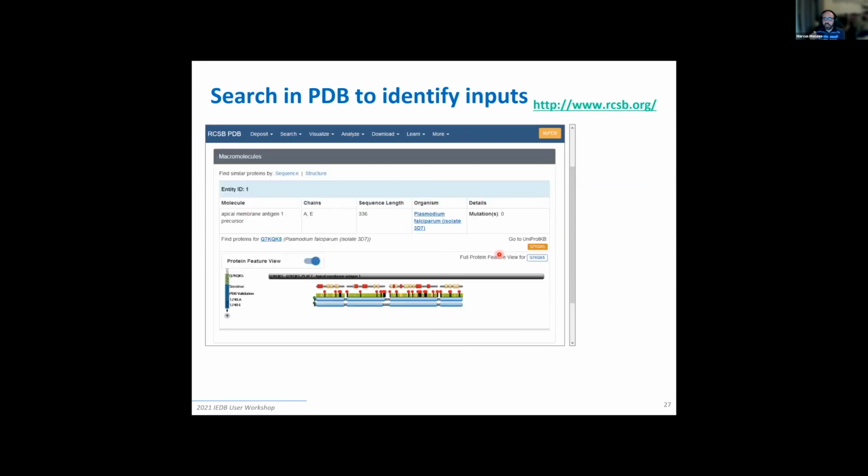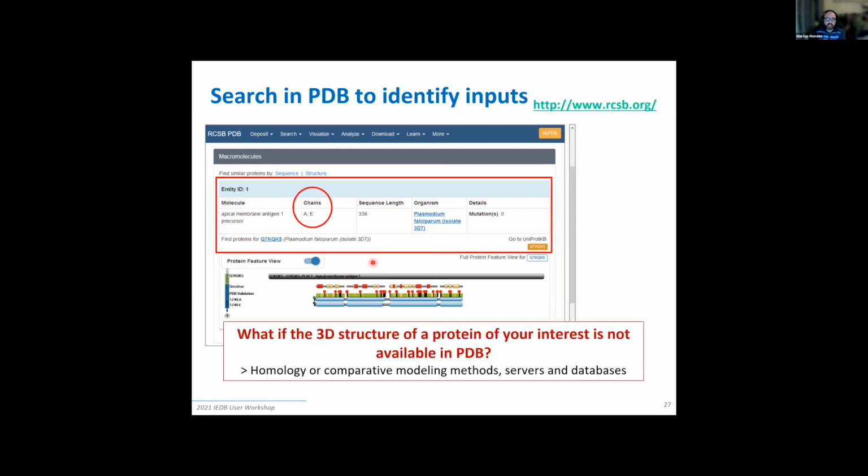If you scroll down a little bit, you have more information about the chains, which is important for using DiscoTope. You also have all the information about the molecule of the chains, the organism as well, and the linear sequence compared to the reference protein from UniProt over here. So let's choose one chain. For example, we're going to select chain A.